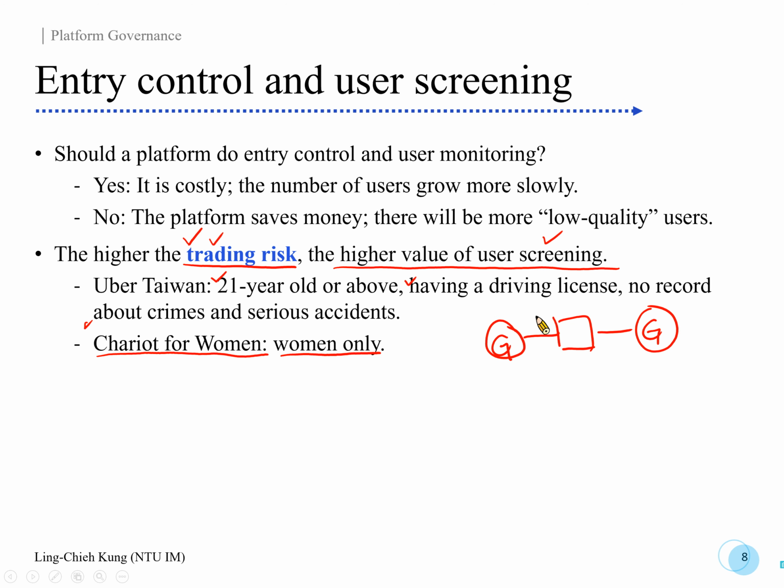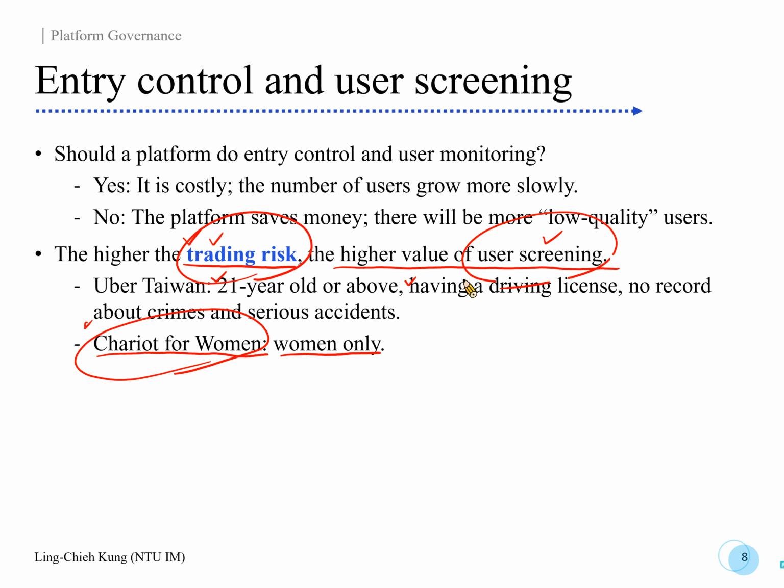That only happens if you are in a country or region that has this specific concern. That means if you have higher trading risk, then you have higher possibility of doing user screening.